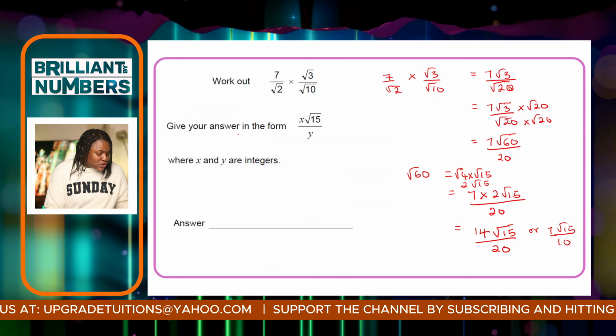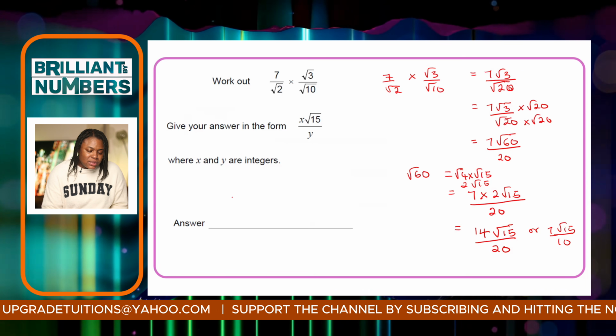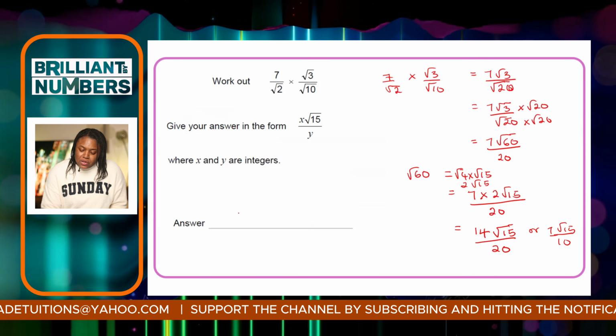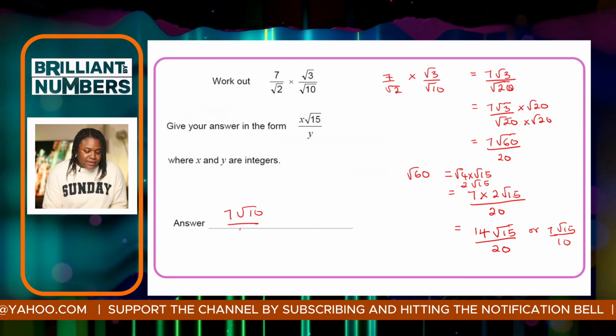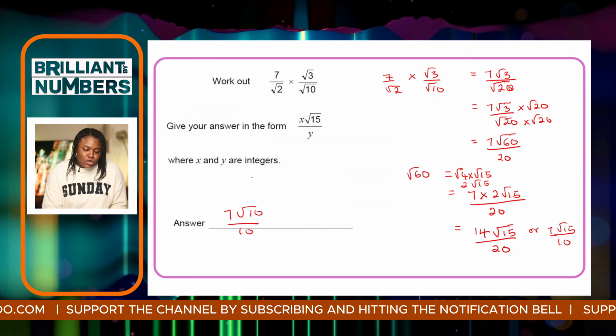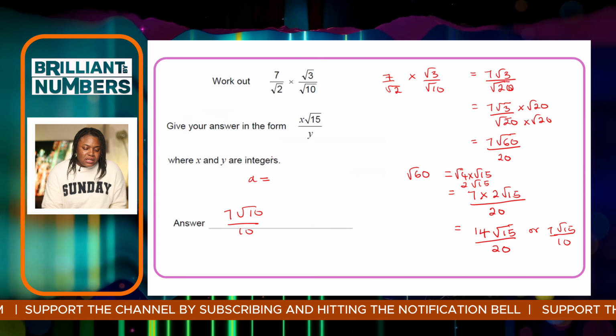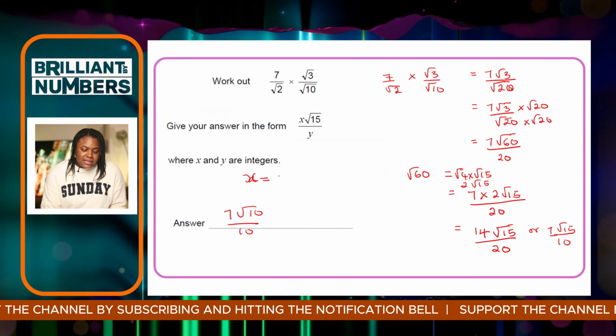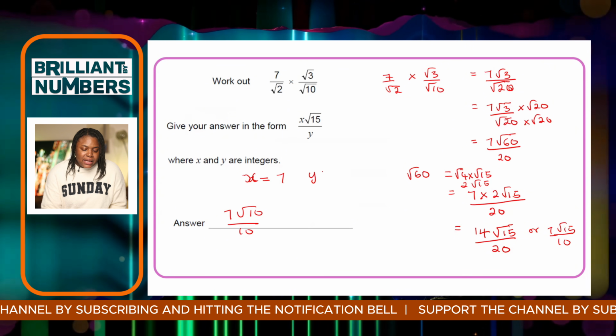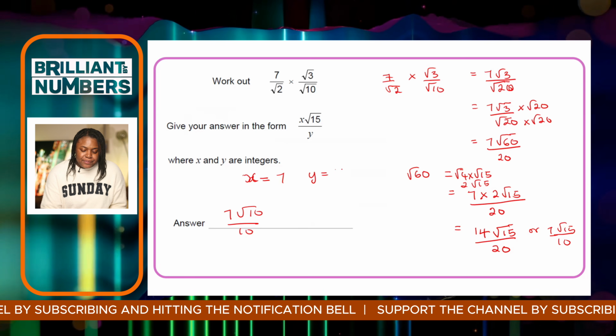Okay, beautiful, guys. So can we just tell our examiner what x and y are as well? On the answer line, we will put 7 root 15 over 10. You can therefore write somewhere on your space that x is equal to 7, the number before the surd, and y is equal to 10 here.